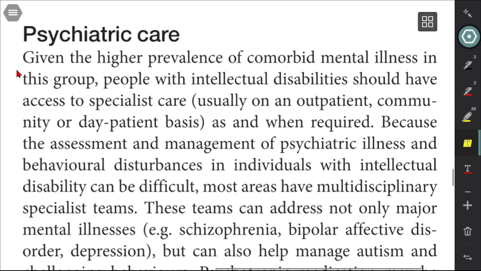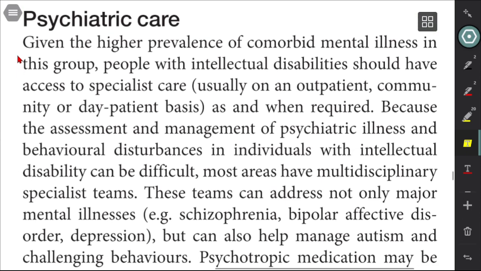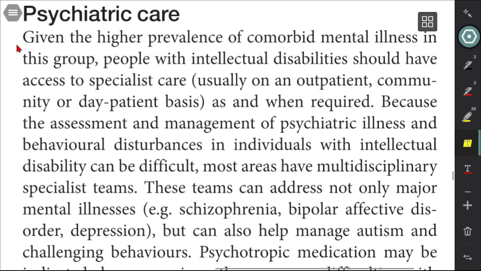So, what about psychiatric care? Given the higher prevalence of comorbid mental illness in this group, people with intellectual disabilities should have access to specialist care, usually on an outpatient, community, or day patient basis, as and when required.